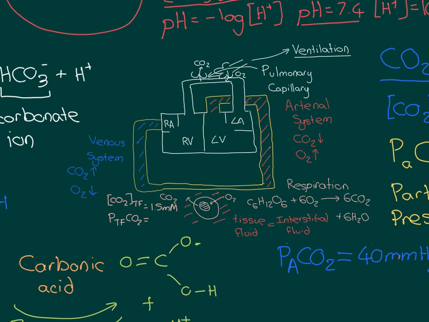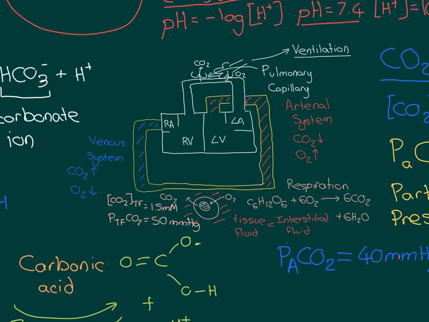Remember, the solubility is 0.03. So if I multiply 0.03 by 10, I get up to 0.3, and then of course 1.5 is 5 times 0.3, so I think the partial pressure is going to be 50 millimeters of mercury. And remember, the partial pressure of the arterial blood or of the alveolar gas was 40 millimeters of mercury.